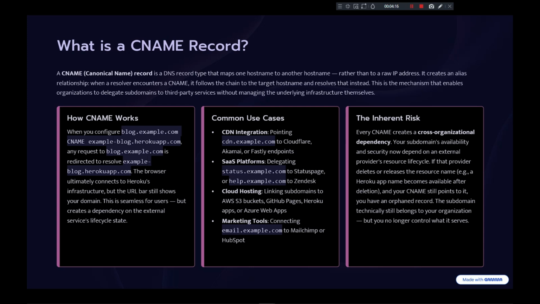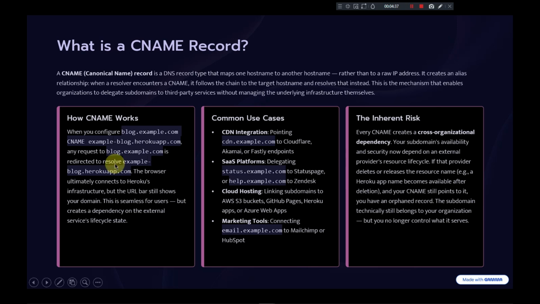Anyone who can claim the destination can completely take over what appears under your subdomain. This is the core of the CNAME takeover vulnerability. Okay, so I hope you get my point.